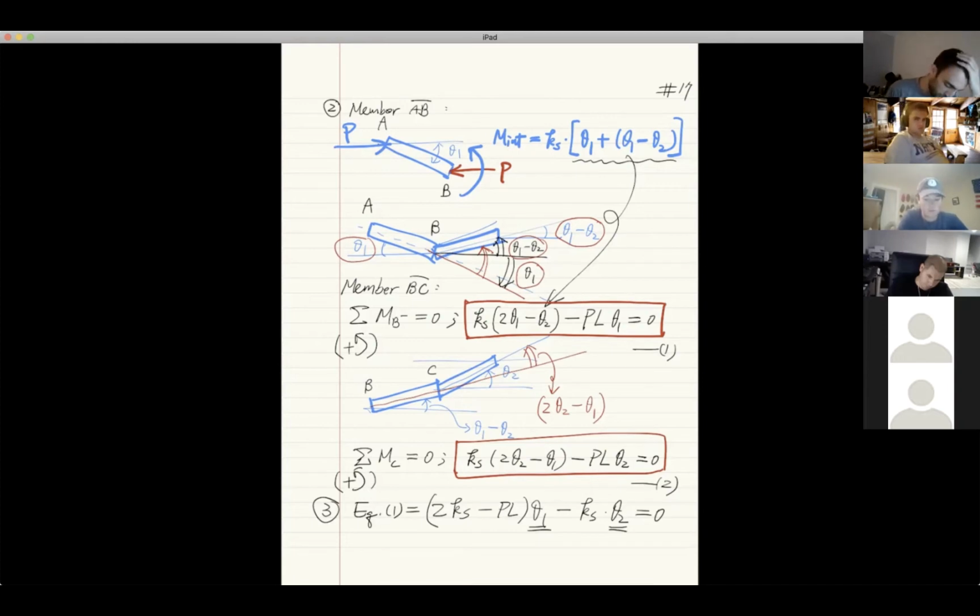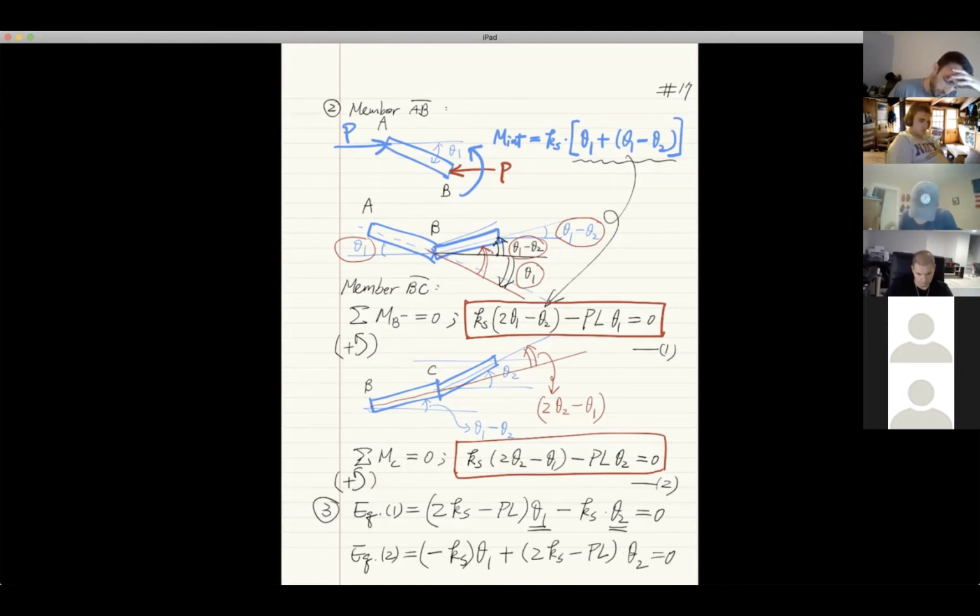And similarly, for equation 2, you will move everything related to theta 1 to the first term and put everything else related to theta 2 in the second term. So the first term will simply become negative Ks times theta 1. You can consider this the coefficient with theta 1. What about for theta 2? You put whatever is left together, and that becomes plus 2Ks minus PL times theta 2.